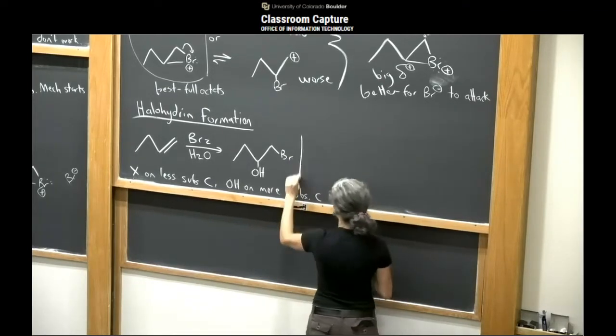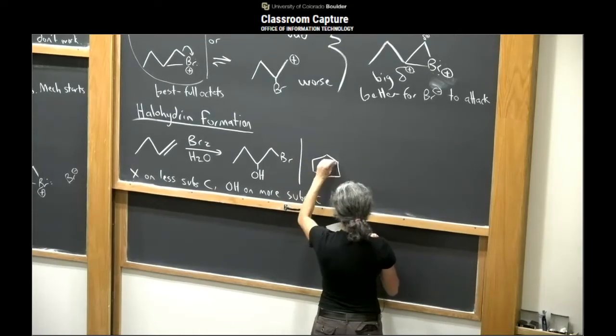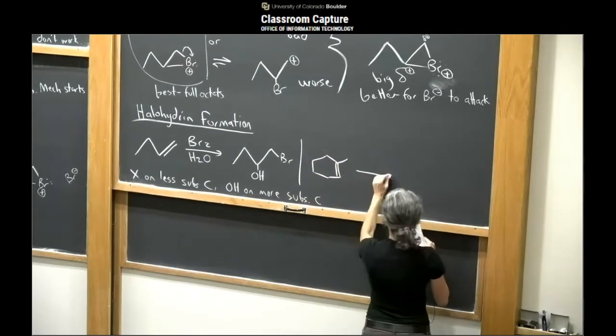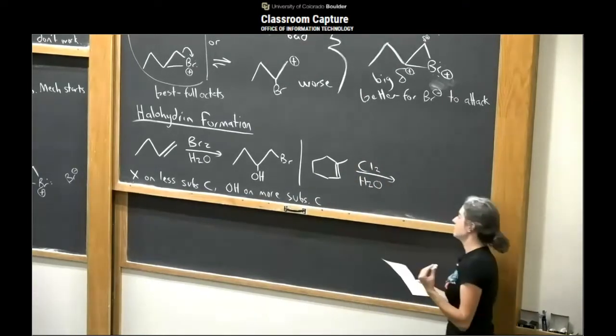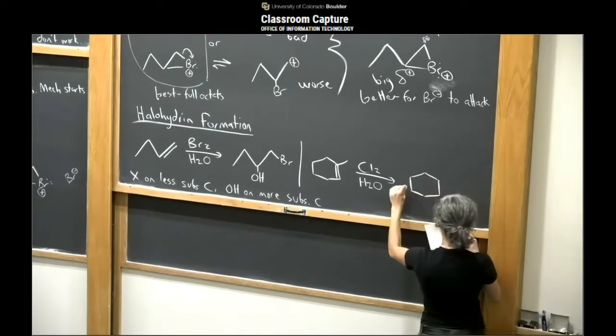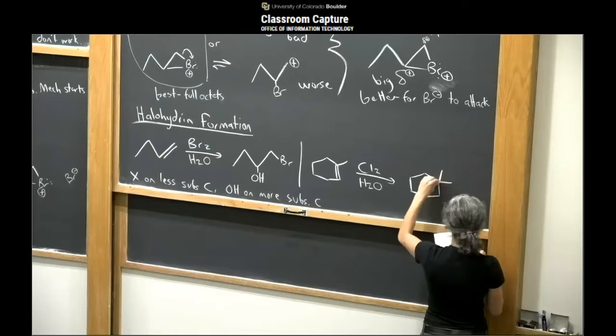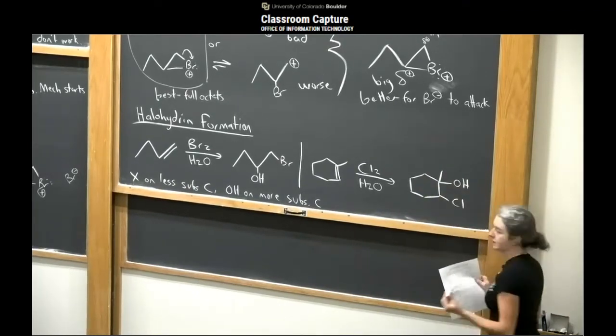Okay, so that's one example. Using the same example alkenes that I did before. Maybe let's do Cl2 and H2O here. And out of the two carbons, the more substituted gets the OH, the less substituted gets chlorine.